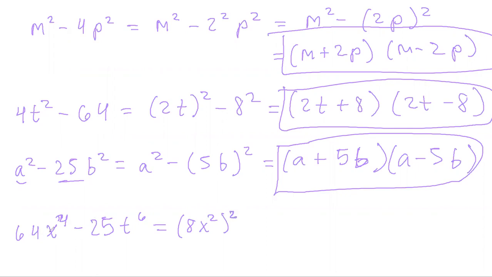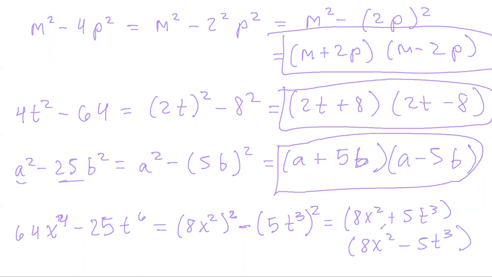Because 8 squared is 64, and x squared squared gives me x to the fourth, minus 5t cubed squared. That gives me 25, and also t cubed squared gives me t to the sixth. So it's the same thing as saying 8x squared plus 5t cubed, and then 8x squared minus 5t cubed.